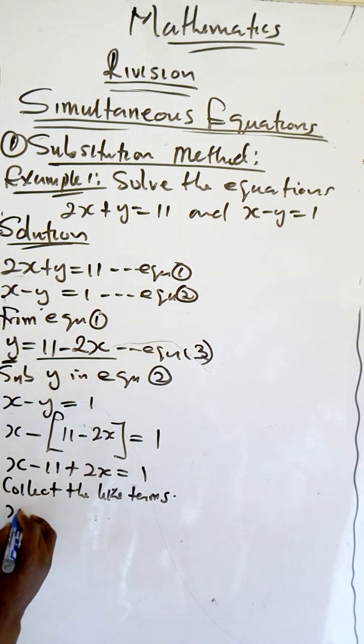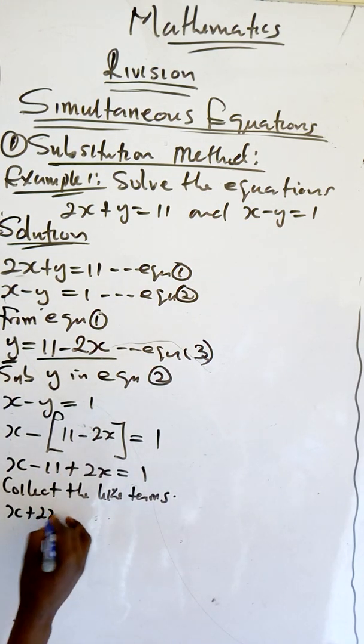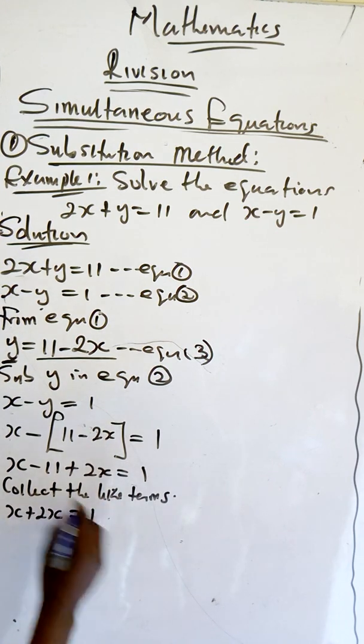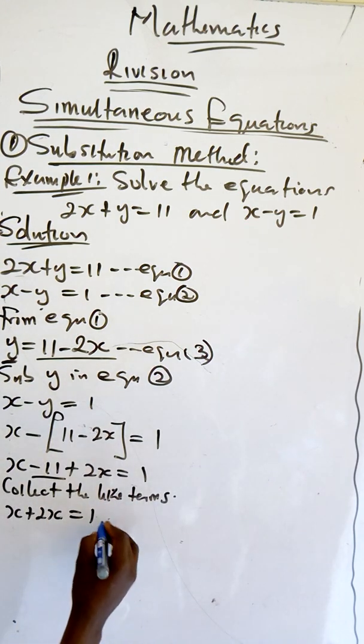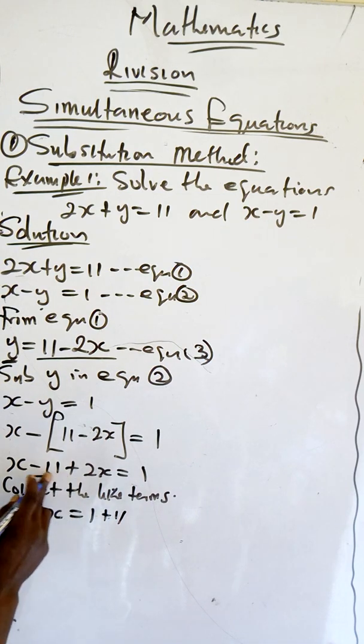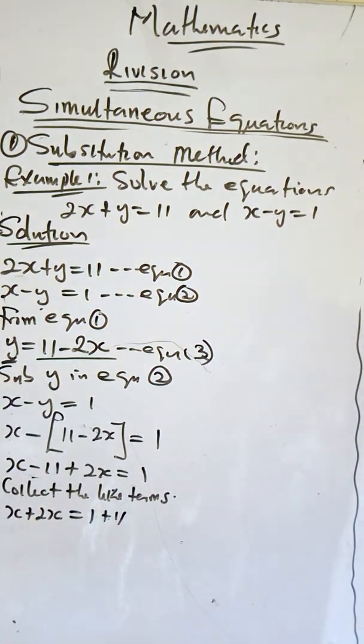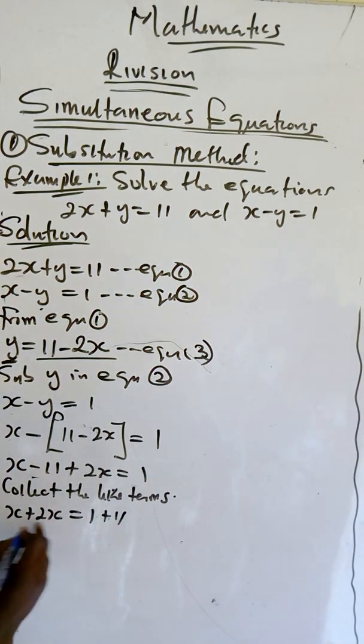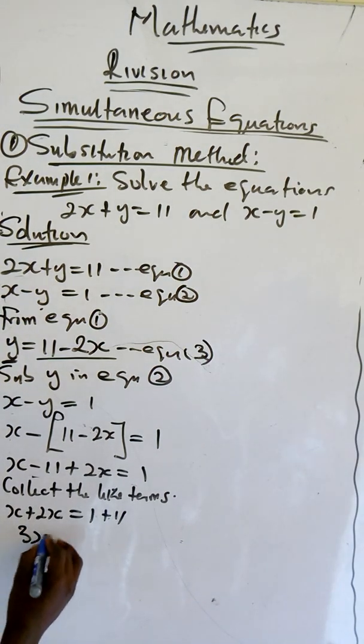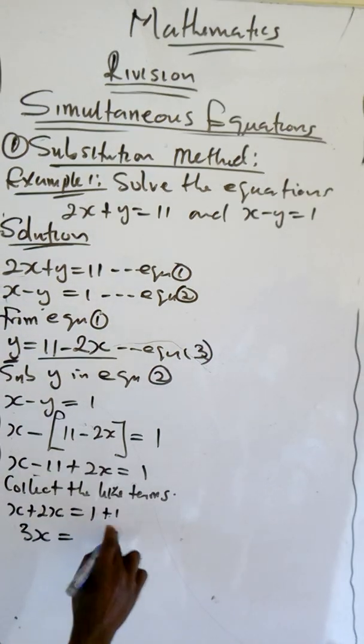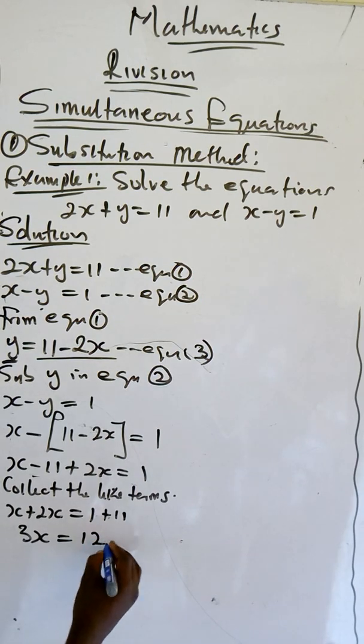From here we have x plus 2x equals 1, and minus 11 will go to that side and turn to plus 11. X plus 2x, 1x plus 2x will give us 3x. 1 plus 11 will give us 12.